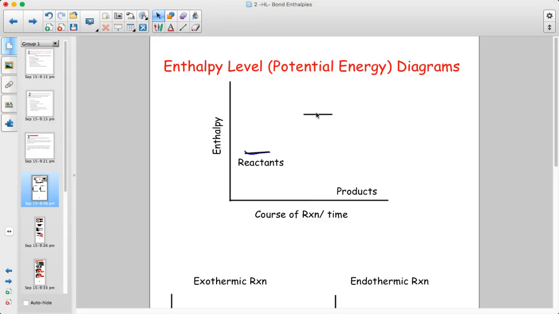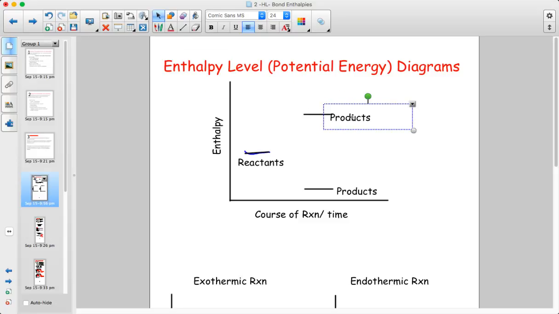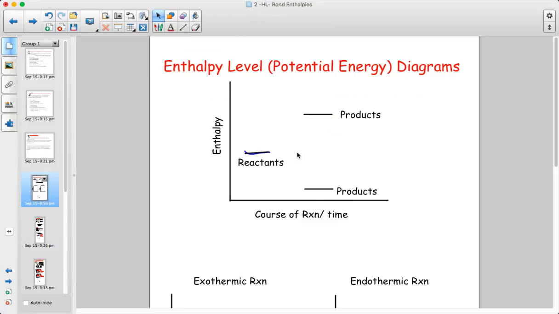But the change in enthalpy, let's see. So the change in enthalpy, and we'll copy that. Check it out. So the change in enthalpy is actually going to be this thing right here.